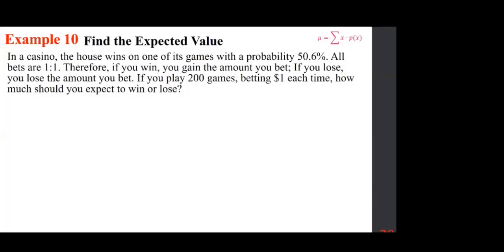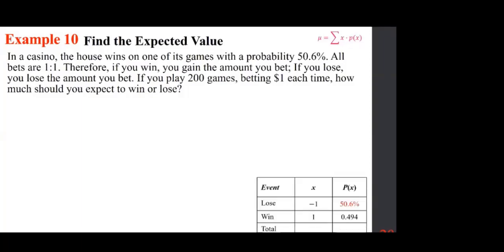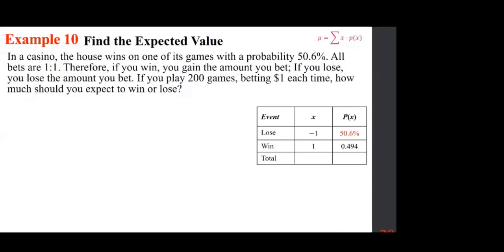So here's the simple setup for the table. The probability of the house winning, understand that means losing for the player. So the house winning, that means 50.6%, there's a chance that we lose as players. If we played $1, that means we lose that.